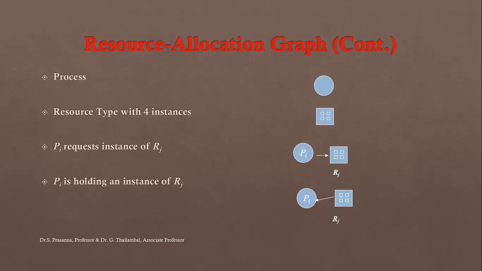Pi is holding an instance of Rj: the assignment edge is drawn from the resource Rj to Pi. The edges are drawn accordingly.